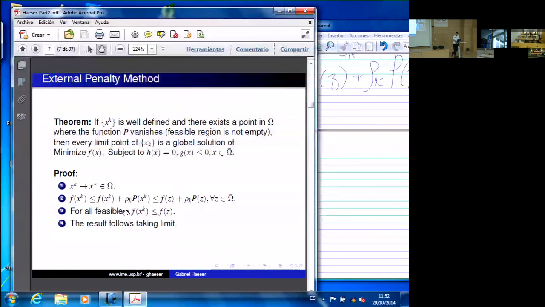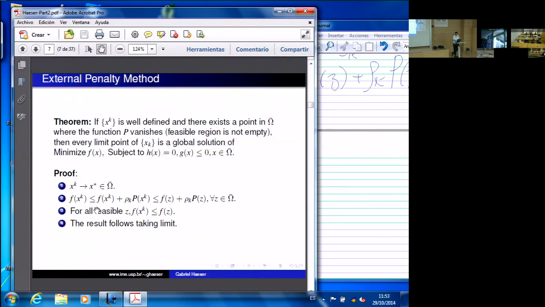For this point z, h of z is 0, and g of z is less than or equal to 0. The function p is defined in such a way that p of z is 0 if z is feasible. So this term vanishes now. If I choose feasible z's, p of z is 0.